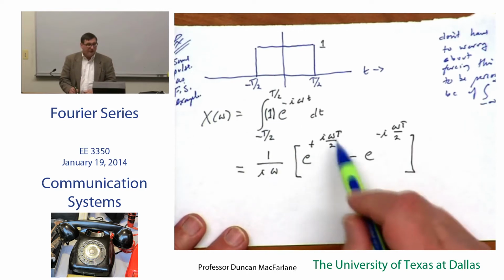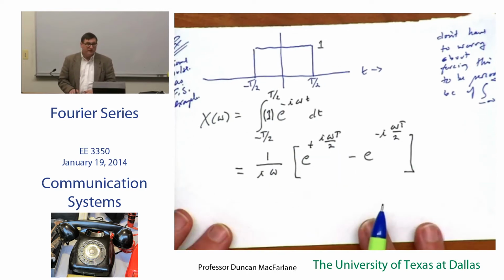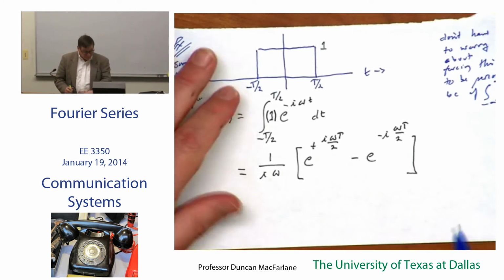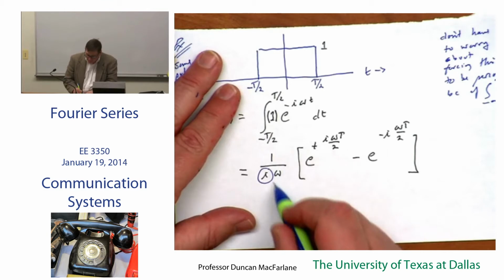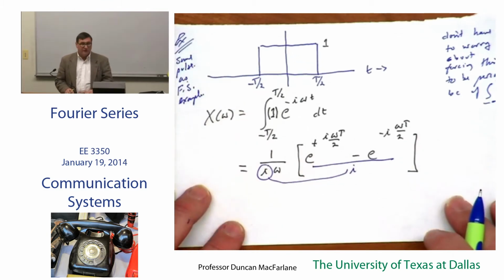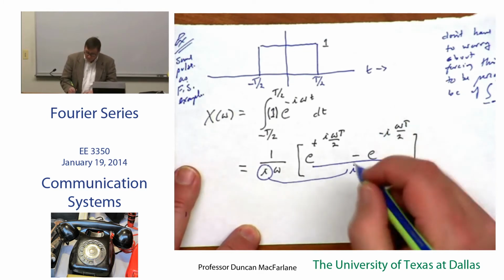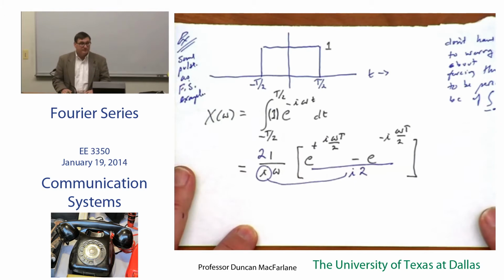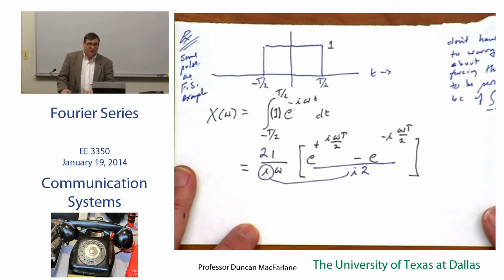So here's the upper limit, and here's the lower limit evaluation. And so now I'll take this I, and I'll put it under those two terms there. I'll multiply through by 1 again, a 2 in the numerator, a 2 in the denominator.